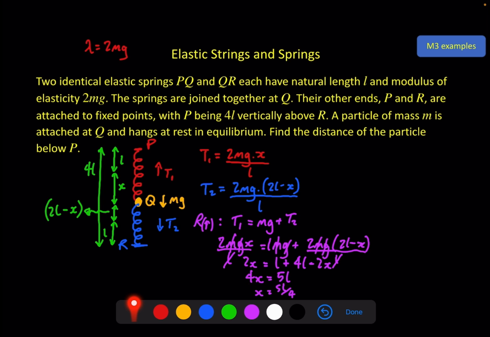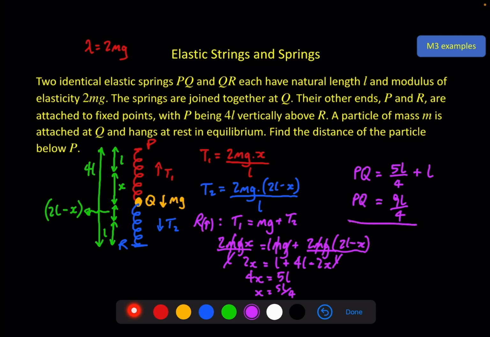Remembering that we want the distance below P, so it's not just the extension x, but the extension x plus L. I need to add L onto this. 5L over 4 plus L will give me the distance PQ. 5L over 4 plus L is equal to 9L over 4. And that is the final answer.